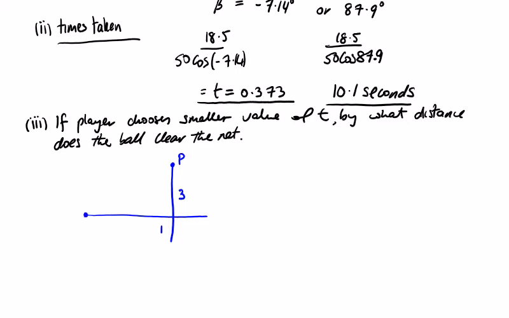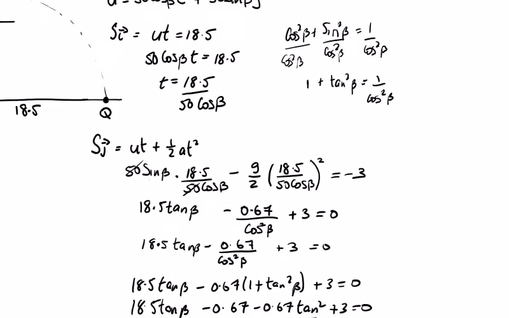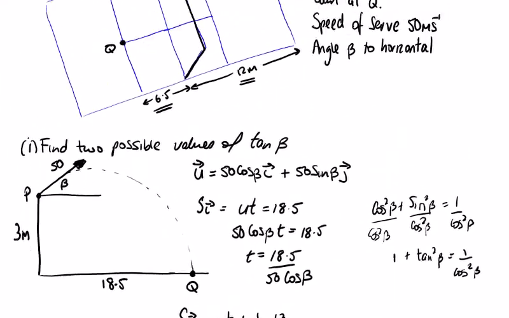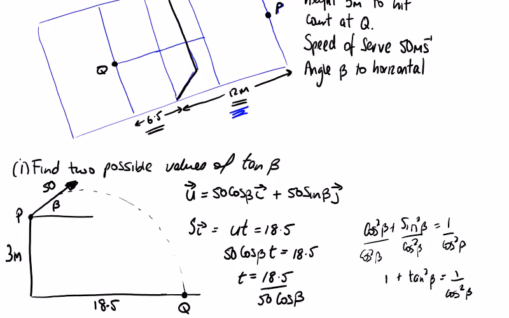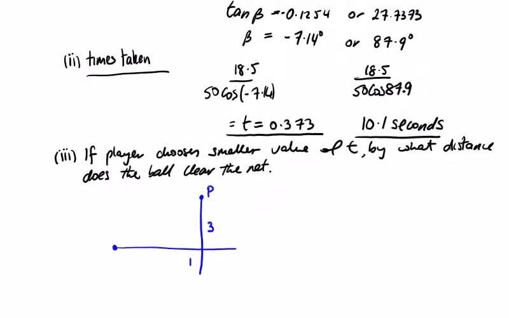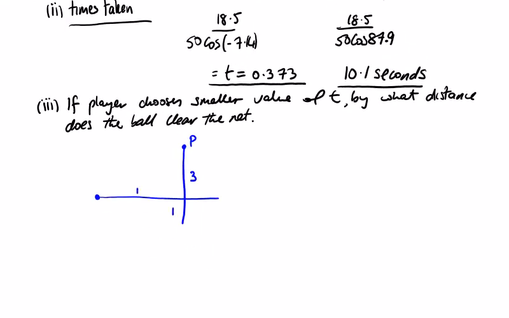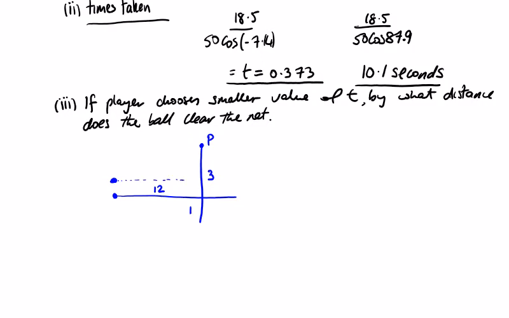And the distance that the net is away from P is this 12. So this is 12 along here. So we're imagining that the ball is going to clear the net, so it's going to travel 12 in the I direction. So we can work out the time taken to travel this distance here in the I direction.